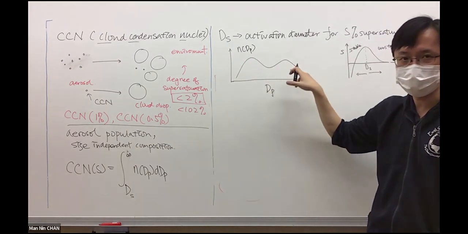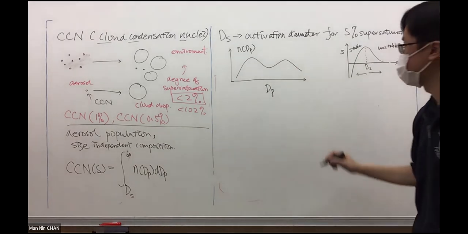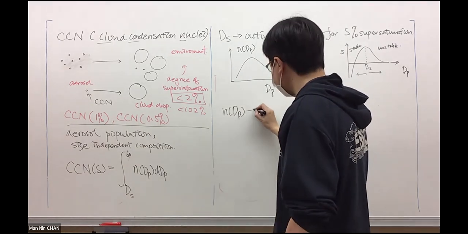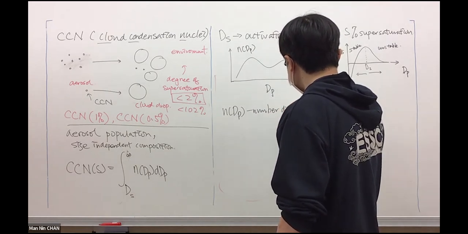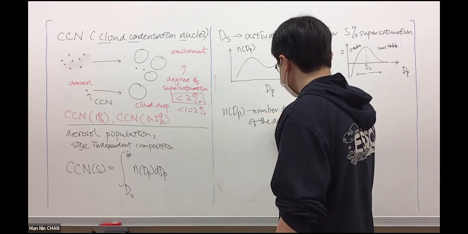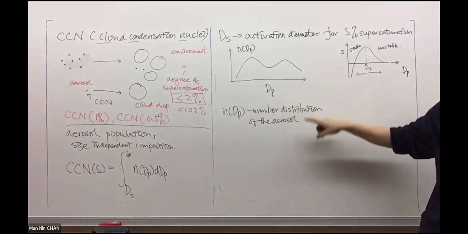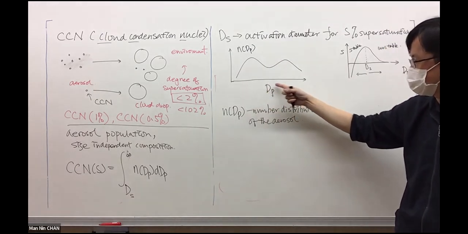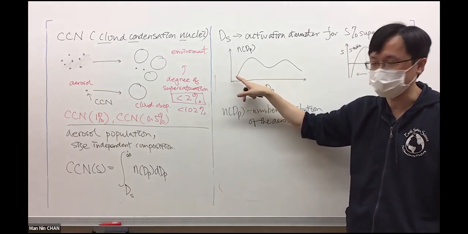So NDp here means just the number distribution of my aerosol. This is the particle size, and at a given size I know the number concentration.